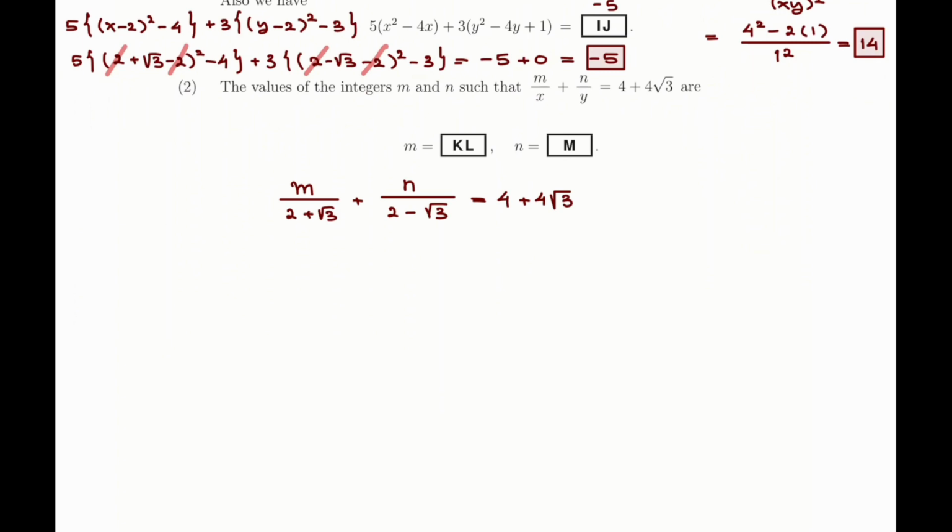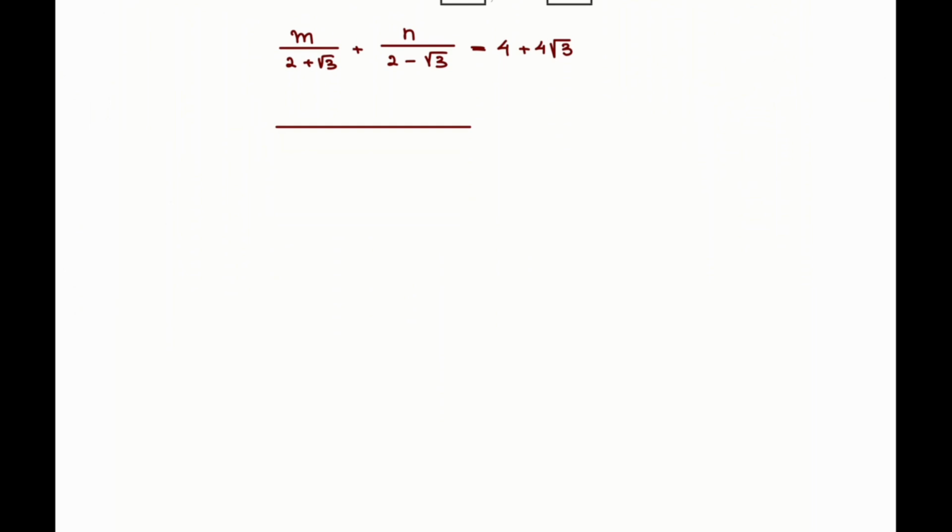First thing first, I will convert this into a single fraction. The denominator is (2 plus square root of 3) times (2 minus square root of 3), and the numerator here is m times (2 minus square root of 3) plus n times (2 plus square root of 3), equal to 4 plus 4 square root of 3.